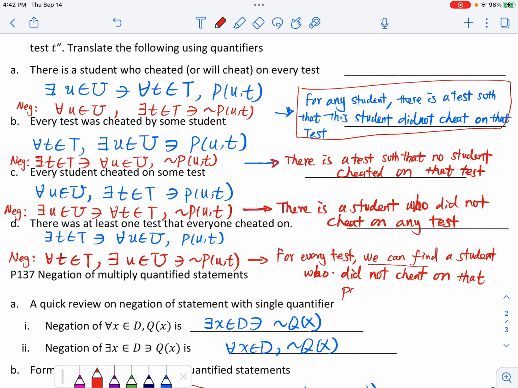So this test is a randomly picked test. For every test you pick, we can always find some student who did not cheat on that particular test that you select. All right, so this is it for this particular section.